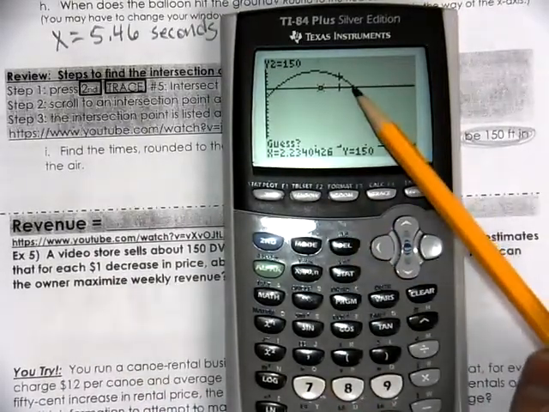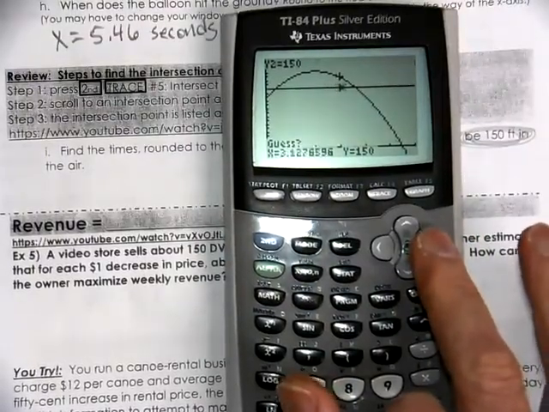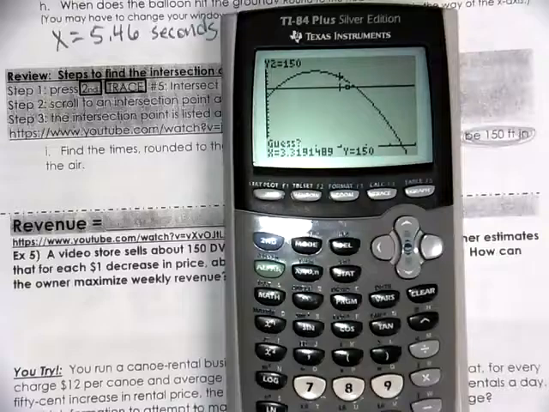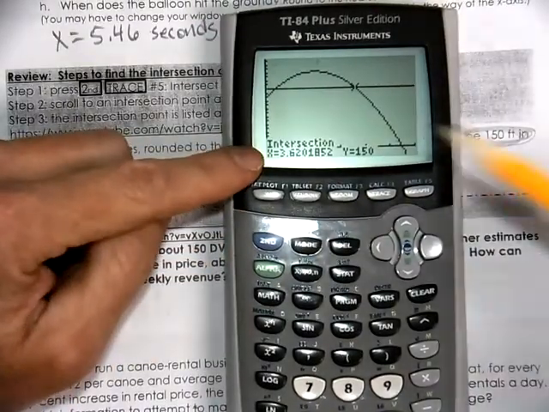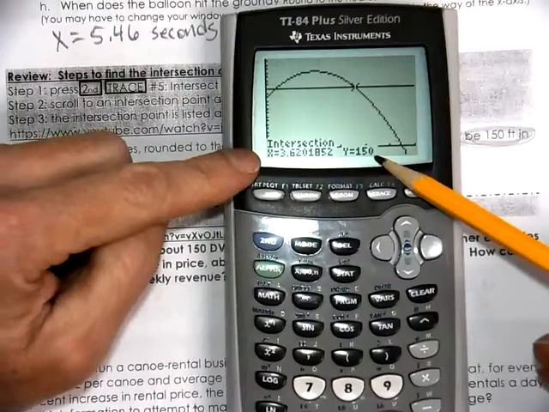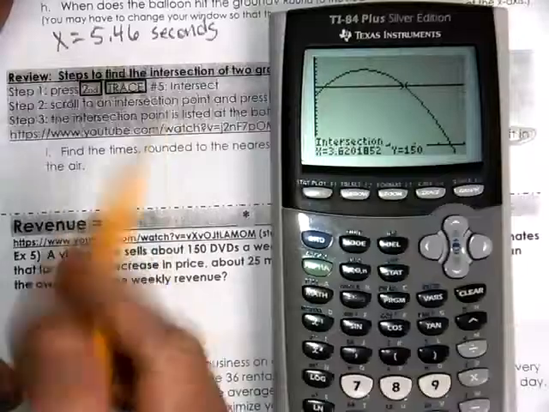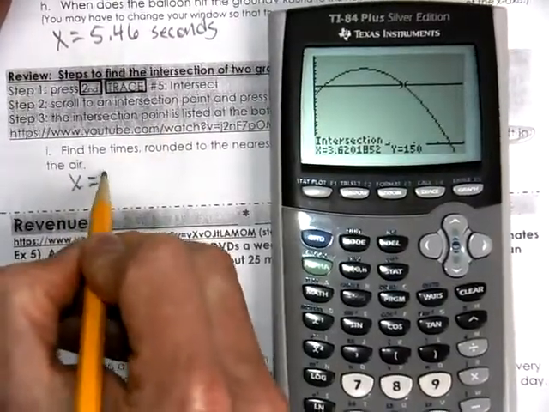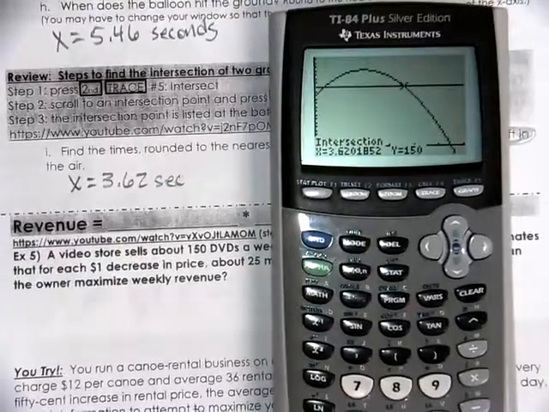Or if you want the answer closer to the right, you need to be sure that your cursor is closer to the right than it is to the left. When you hit enter, you get your value that is at exactly 150 feet high. So we got x equals 3.62 seconds.